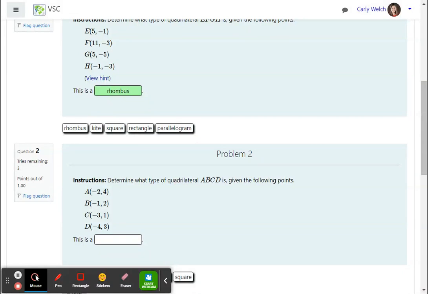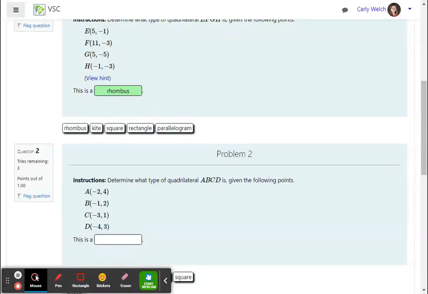We can label that B. Negative 3, 1. We can label this C. And negative 4, 3. Label that D.